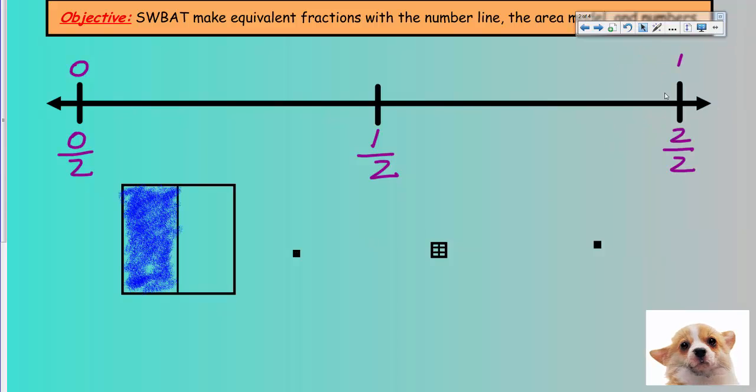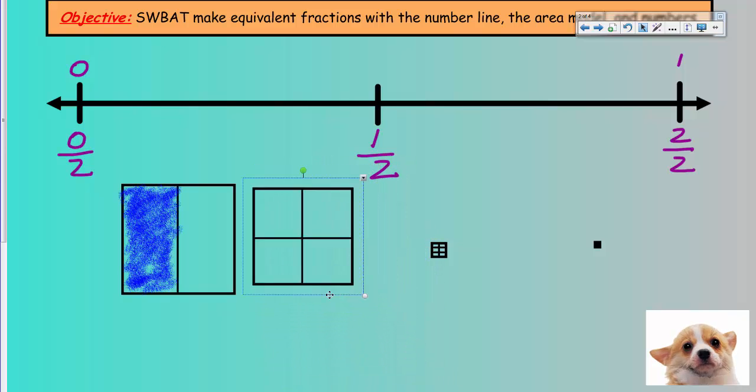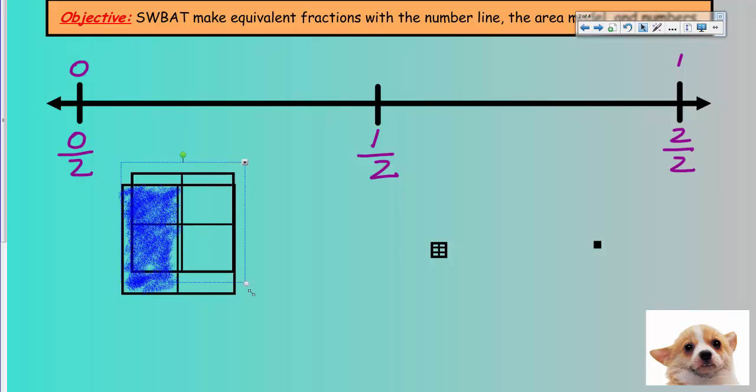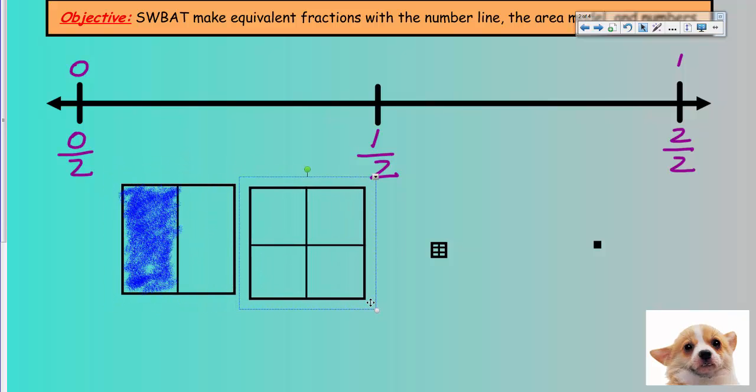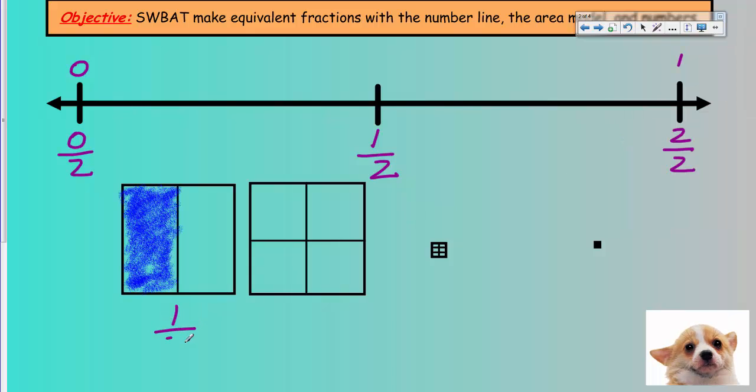Now, we could also represent this as another fraction with the same, let me see if we can get the same size. There we go. Okay, so let me write the numerical expression. So this is going to be 1 over 2. Now if you notice, I had the exact same whole, the same size, but now I've divided it into 4 equal parts.